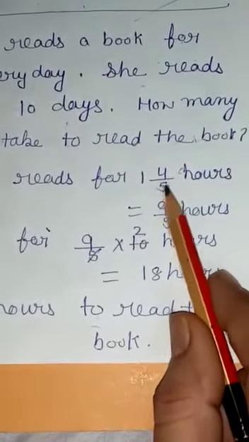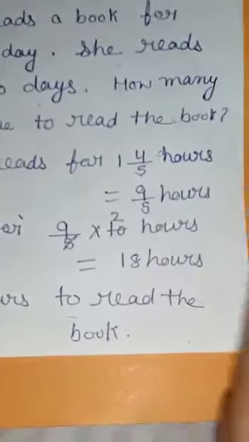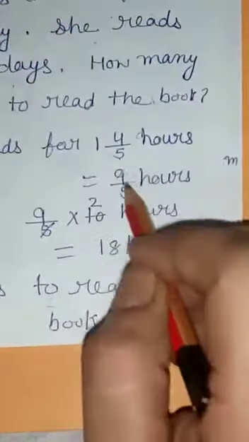Solution: in one day she reads for 1 4 by 5 hours. It can be written as 5 ones are 5 plus 4, 9, 9 by 5 hours.